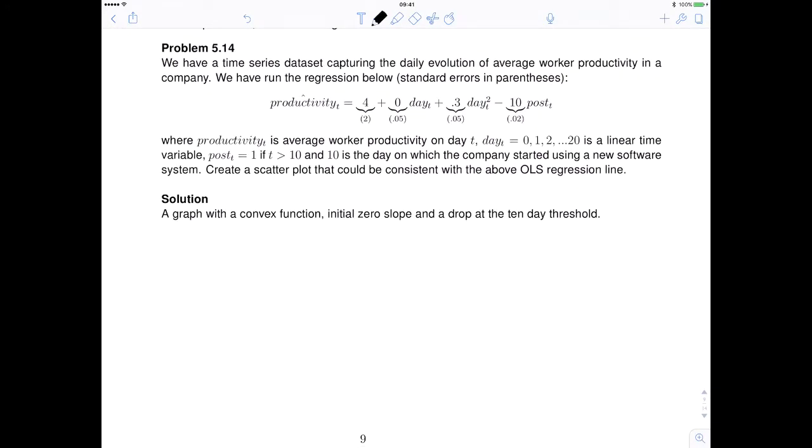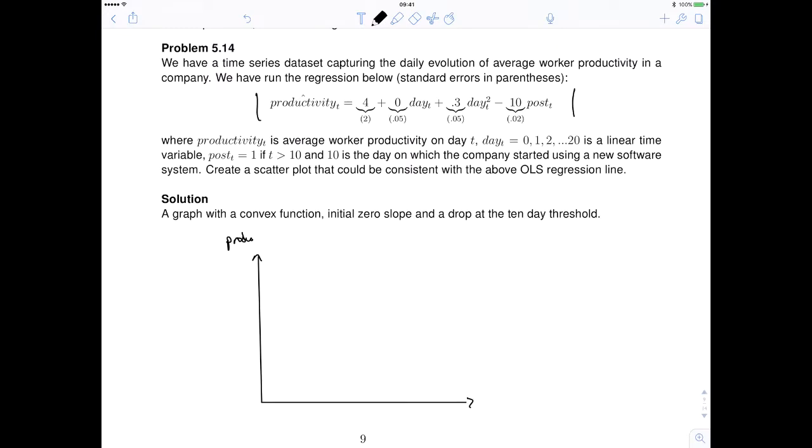5.14. Now, this is interesting. We have this regression, and we're being asked to plot this regression. Well, what are we explaining? So what should be the y? Productivity. What is doing the explaining?